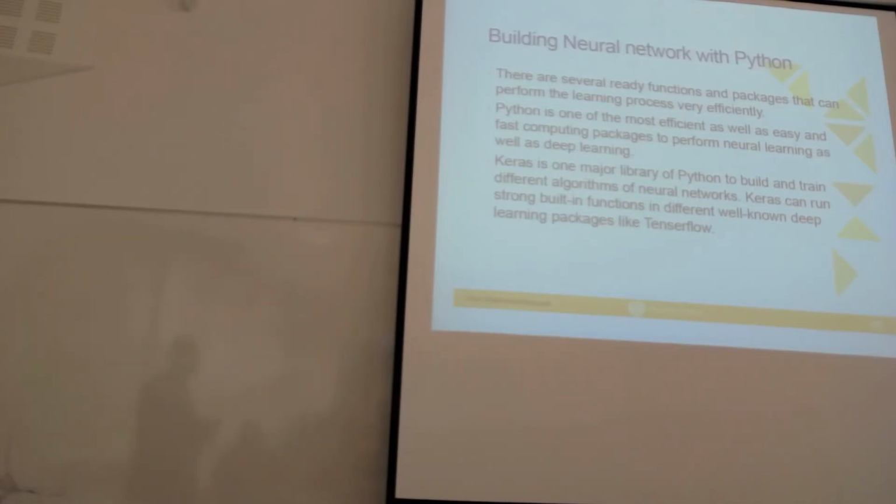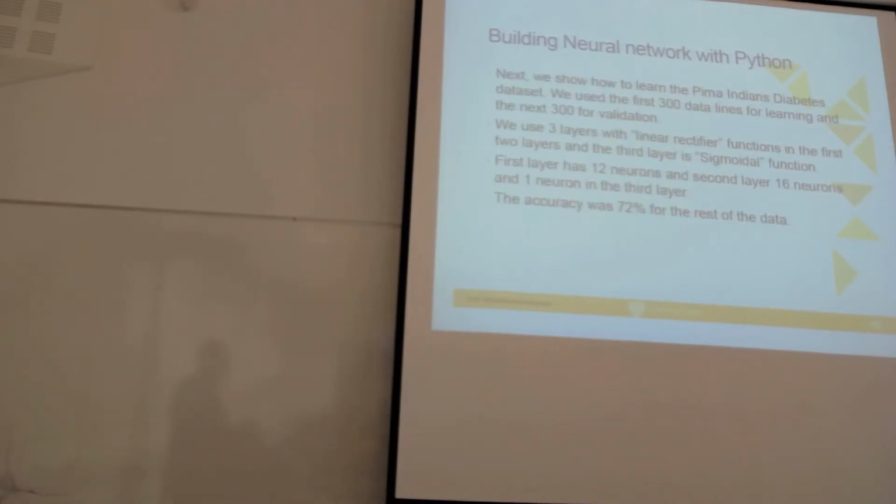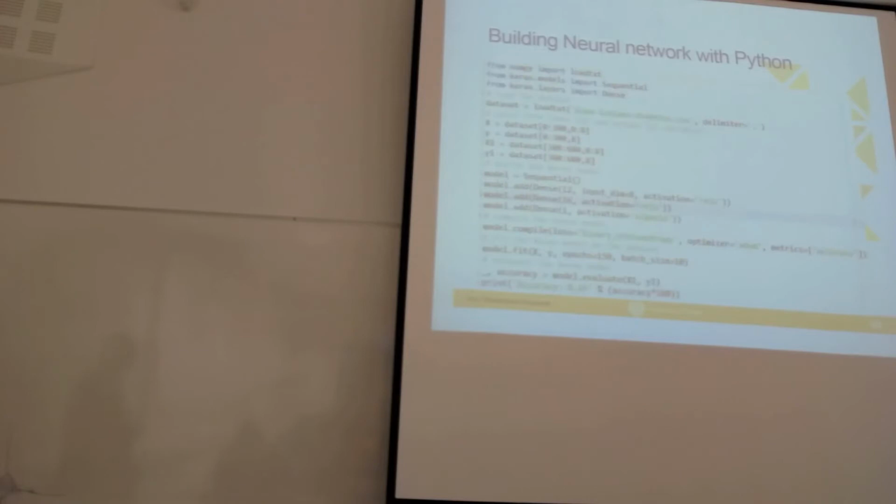And today, we will go very fast about how to implement the neural networks. Like we showed before, you can use it with Octave, and we built some simple functions to do that. You can also do it with Python, where there are some ready-made algorithms that you can use directly.